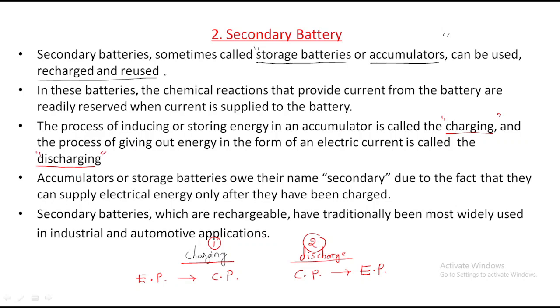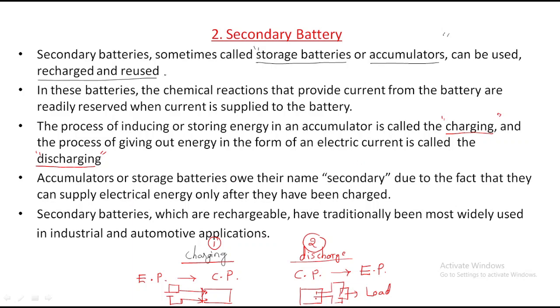After storing, we have a battery that was charged by giving the electric supply. After that, this battery can be used for any load. This is the discharging process. Accumulators or storage batteries owe their name secondary to the fact that they can supply electrical energy only after they have been charged.